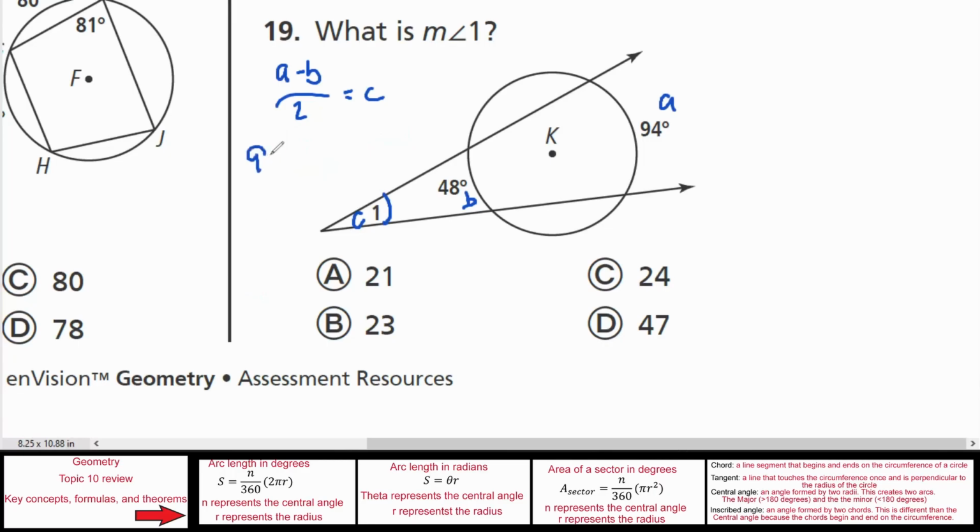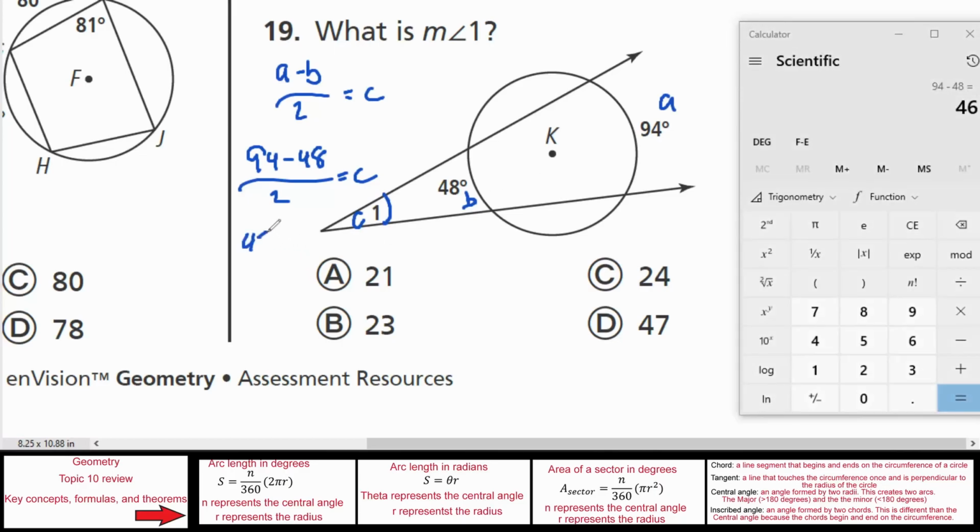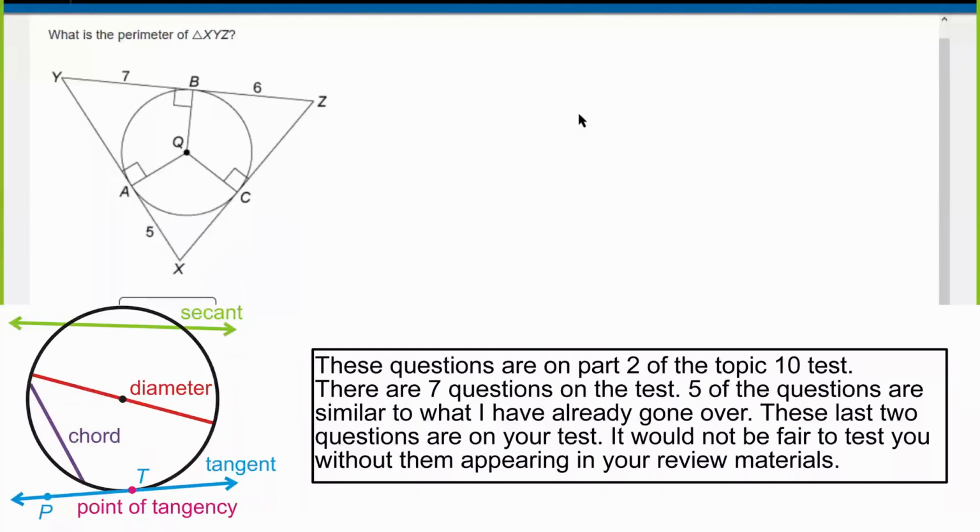I'm going to have (94 minus 48) over 2 is equal to C. Let's bring up the calculator. 94 minus 48 is 46. I haven't divided by 2 yet. This is going to be 23 is equal to C. And we get that.